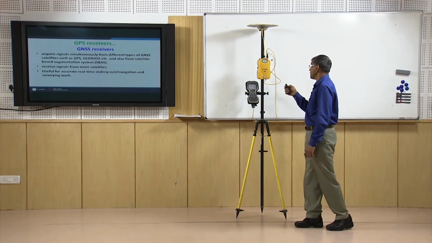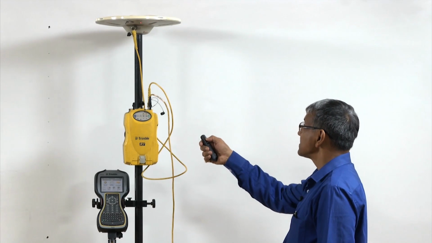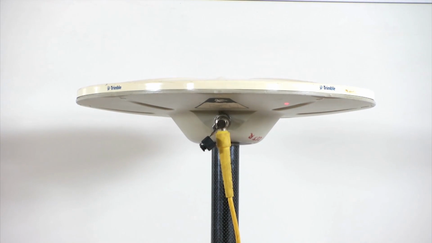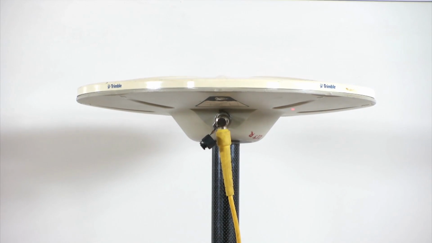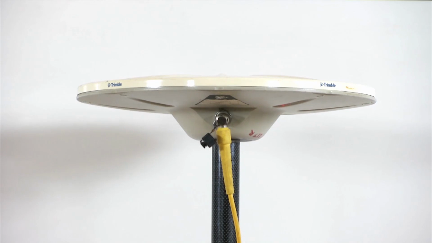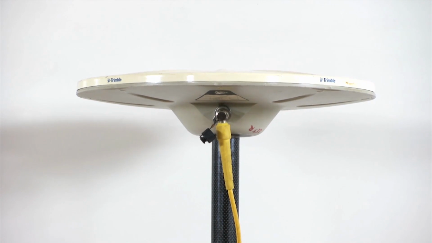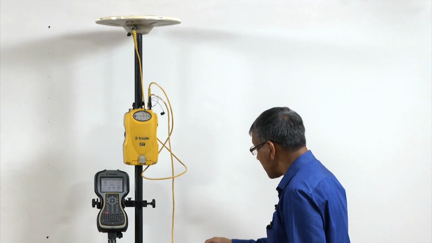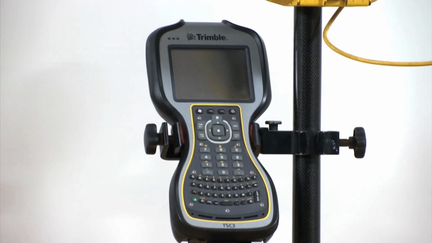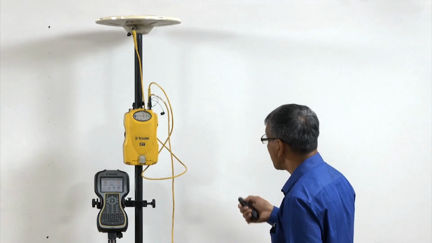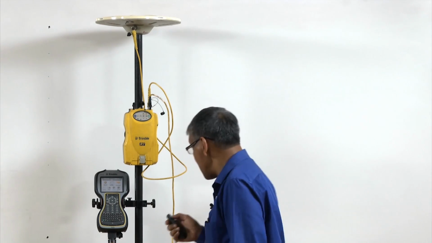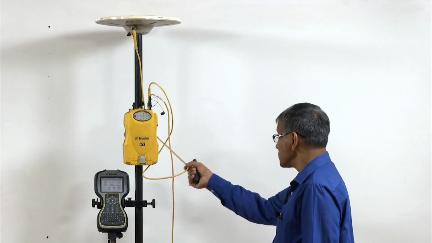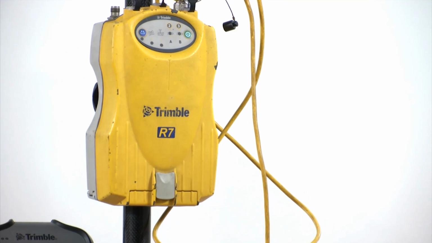Now, let me demonstrate a type of GNSS receiver. This is the antenna, a geodetic Zephyr antenna, which is useful for very precise measurement of position, and this is the receiver and this is the controller. In this case you can see all three units are independent of each other and they are connected using connectors.